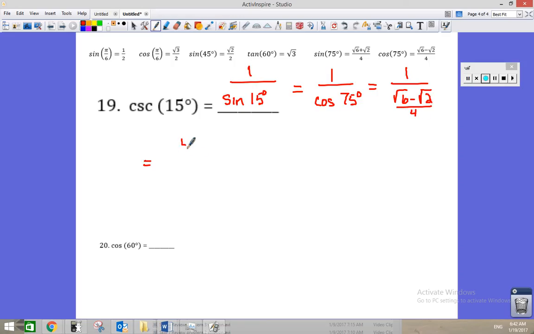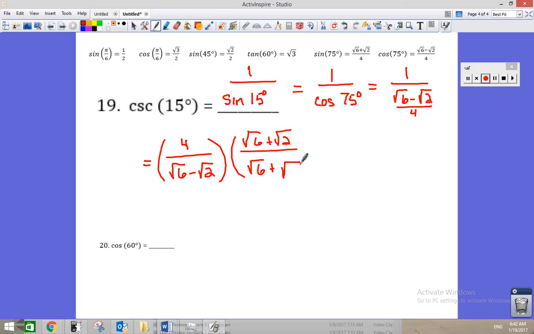Now this one is a little more work than the others because to rationalize this denominator, I'm going to have to multiply by the number 1, using the idea of the conjugate. So I've got the square root of 6 plus the square root of 2. When you multiply a minus b times a plus b, you get a squared minus b squared. When I square radical 6, I just get 6.